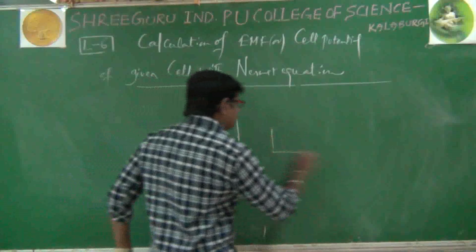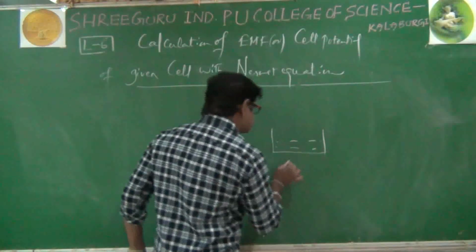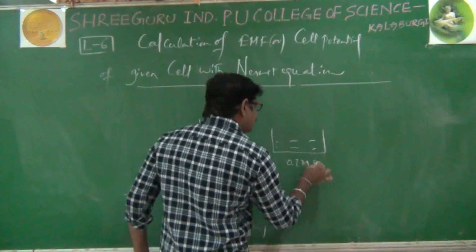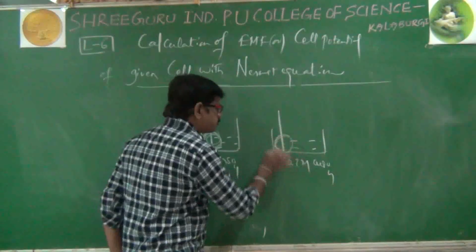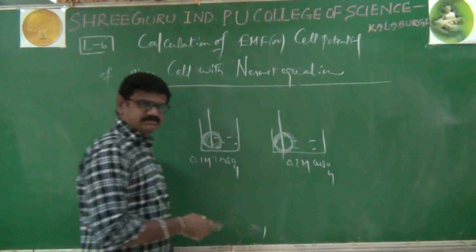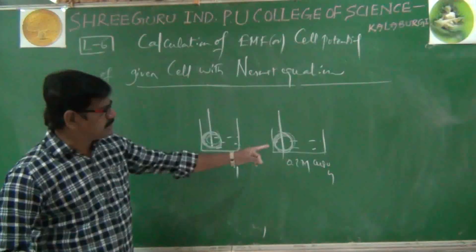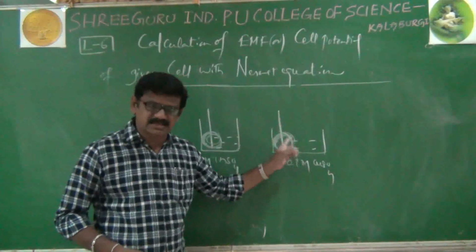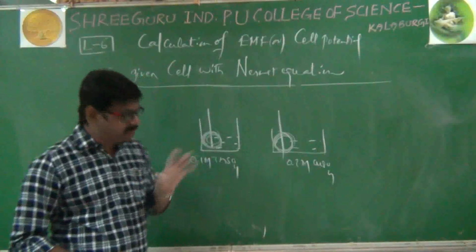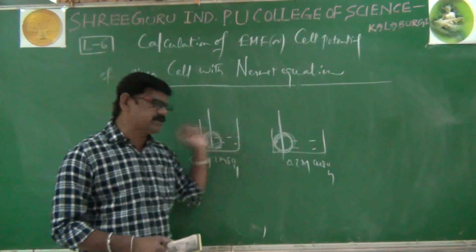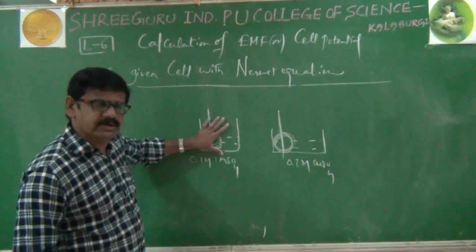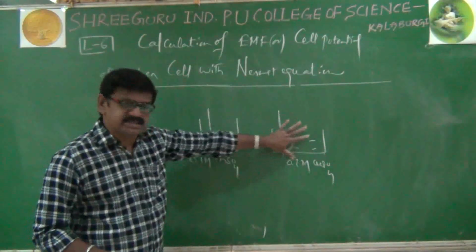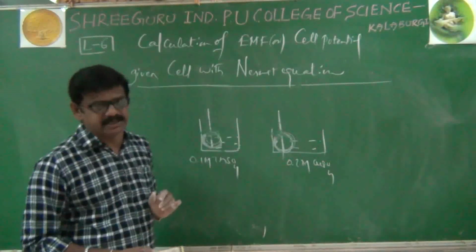Like that, so many examples we can take. Again, suppose it is 0.2 molar copper sulfate solution and a copper rod has been dipped. Here also, how much potential has developed we calculated with the help of the Nernst equation only. Individually we have calculated this electrode potential and this electrode potential in the previous cases.